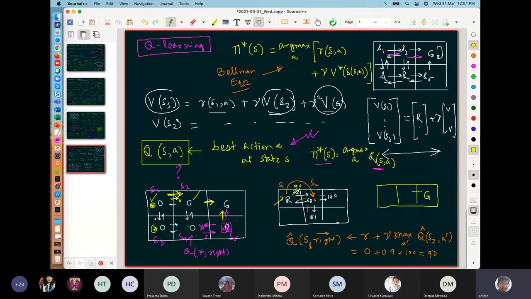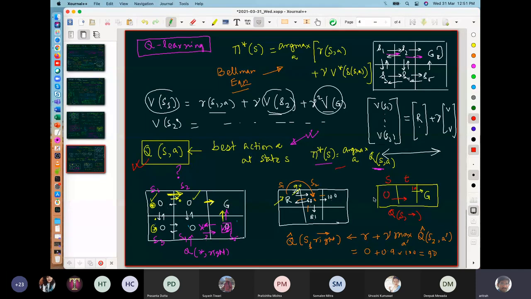Suppose this is the goal and this action has a value, let's say 10. Let's say this is S and this is T state. What is the Q(S, right move)? Because my whole goal is to know this, then I can understand the optimal policy.